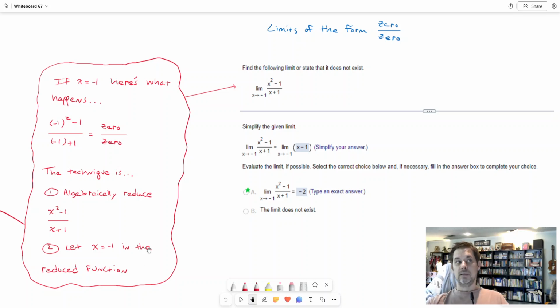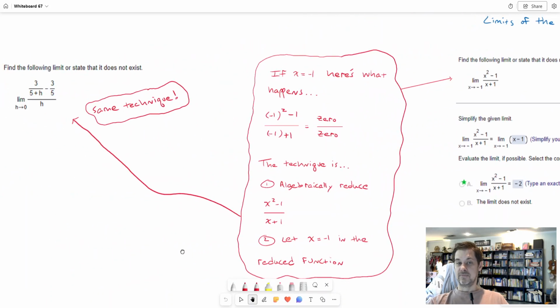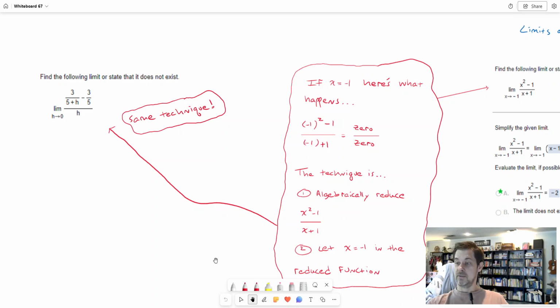Now, we might see other problems that take the same form, 0 over 0. This technique will still apply, but the problems might initially look much different, and the step of reducing it might also look a little bit different. Those will be covered in other videos, but here's a sneak peek. Here's another one that takes that same form.